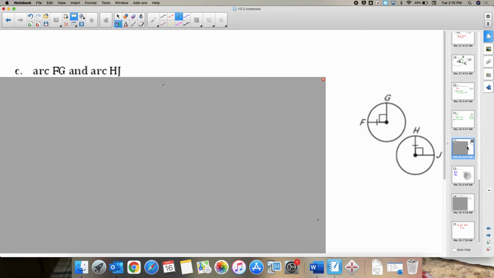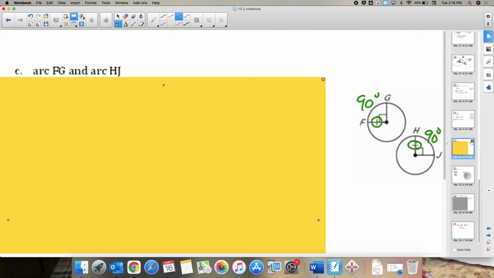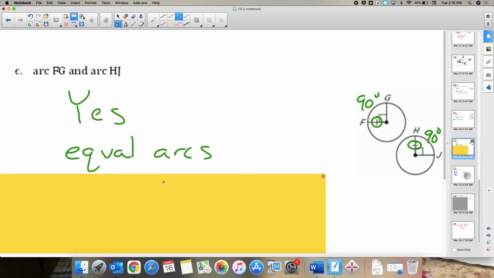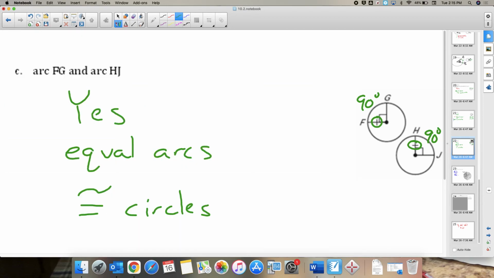And that third one here, arc FG is going to be 90 degrees. Arc HJ is going to be 90 degrees. And then the size of the circles are the same. We know that because the radius in each is the same size. So here it will be, yes, we do have our equal arcs, and we have our congruent circles.